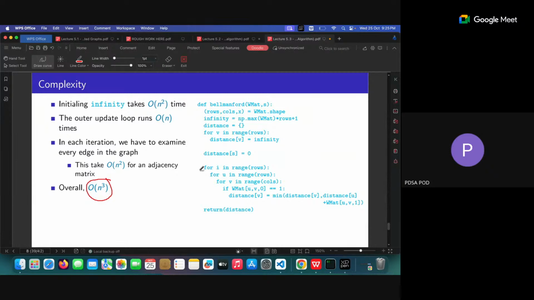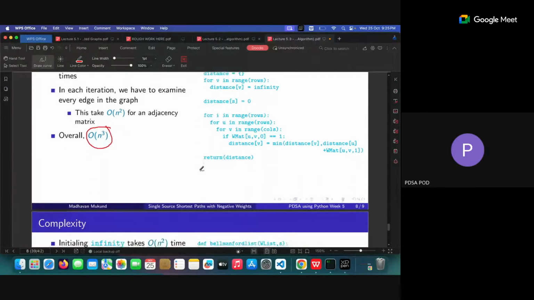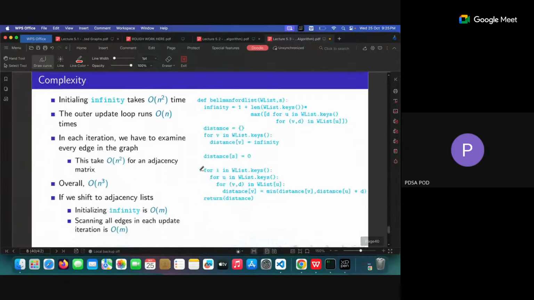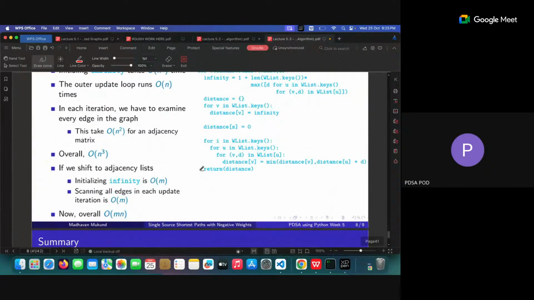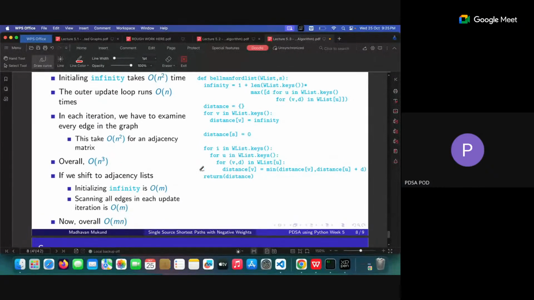So this is what actually Bellman-Ford is. When you shift it to the adjacency list, the running time complexity is not reduced; the time complexity is the same, no change in it.